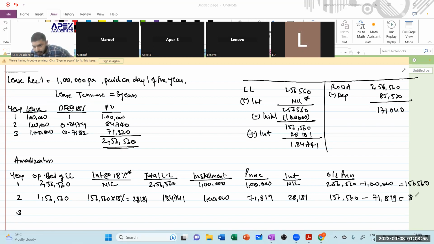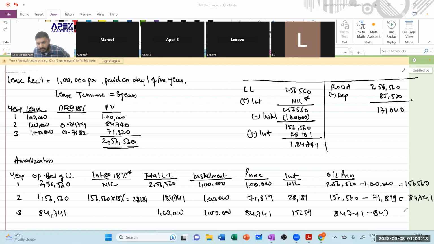84,741. Perfect answer. Will you calculate interest here? No. What is my total liability? 1 lakh. Installment 1 lakh. Principal 84,741. Interest is the balancing figure. How much? 15,259. 84,741 minus 84,741 is equal to 0. Interest is 15,259, balancing figure.